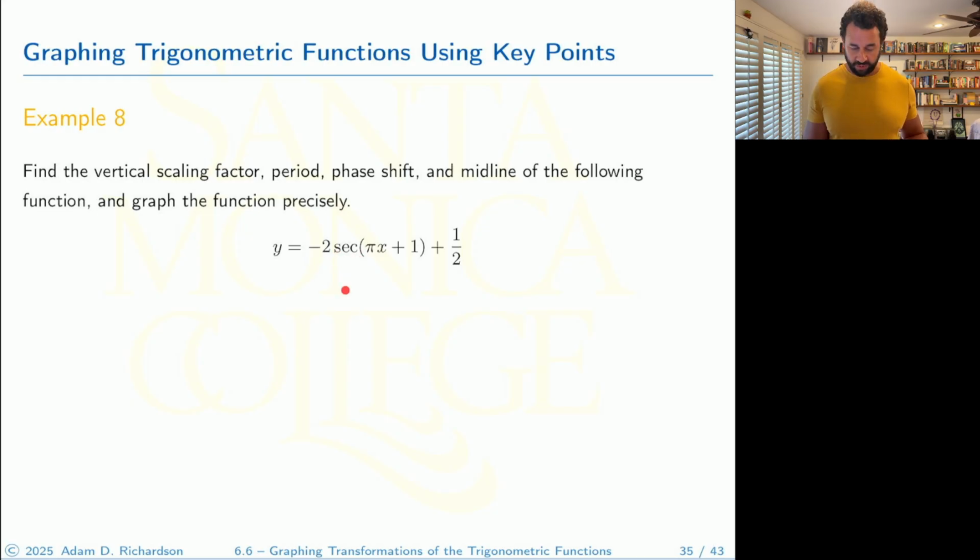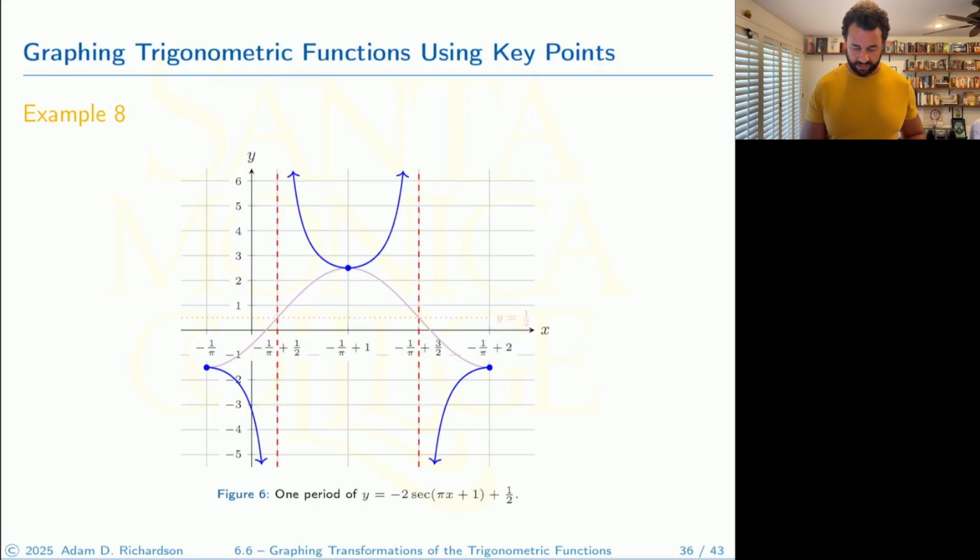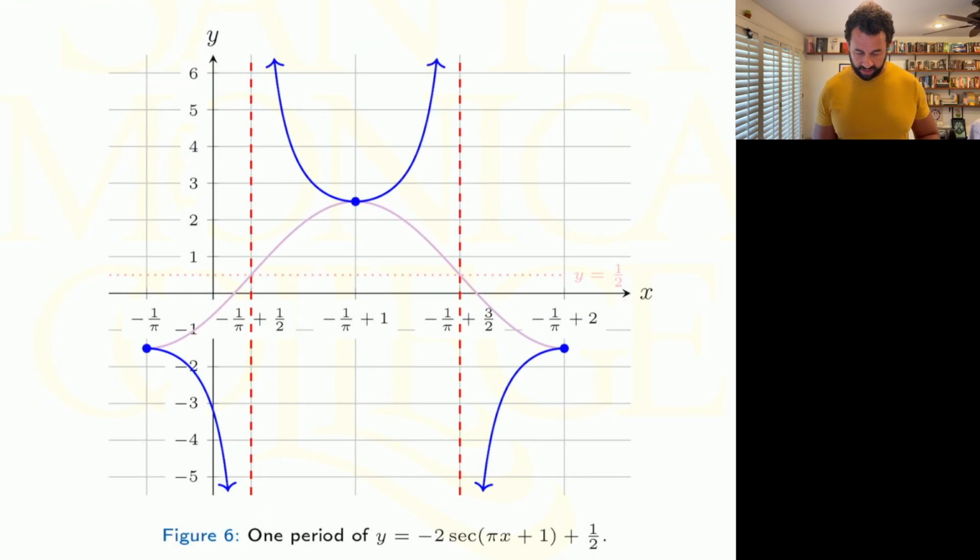And remember, anytime you want to graph the reciprocal of sine and cosine, you graph the original function first, and then use that important property of limits. So that's what I'm going to do right here. Remember, our midline was 1/2, and then this was cosine right there.